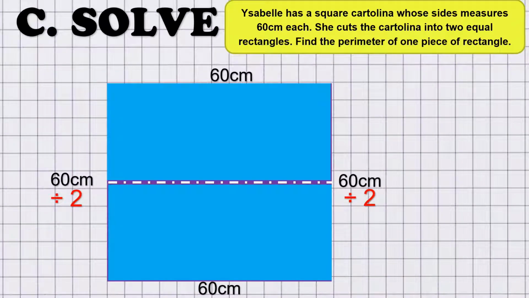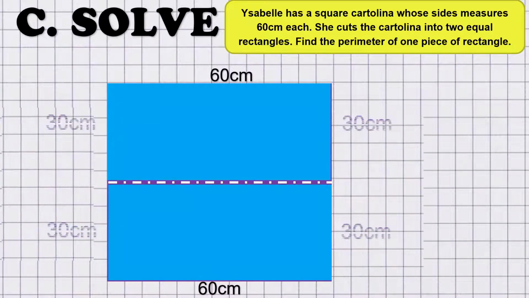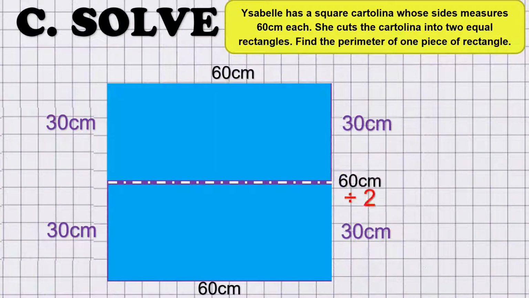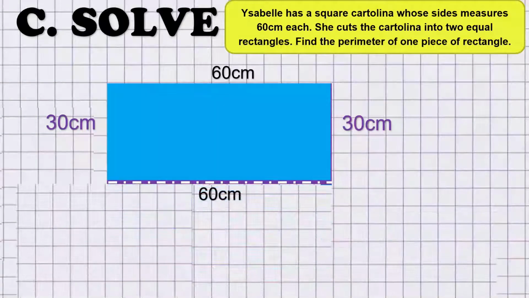So it means the side of the rectangle is 30 centimeters. Can you now identify the measurement of the rectangle? The measurement of one rectangle formed is 60 centimeters, 30 centimeters, 60 centimeters, and 30 centimeters.